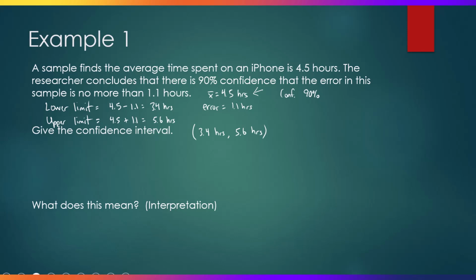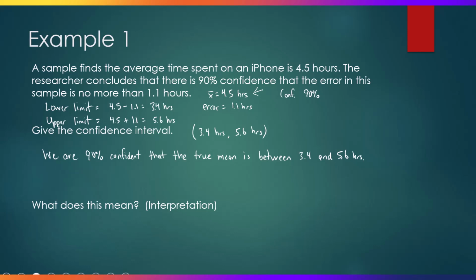Because we have a confidence level and we have an error and we have an interval now, we can say we are 90% confident that the true mean, or the population mean, or that parameter is between 3.4 and 5.6 hours.